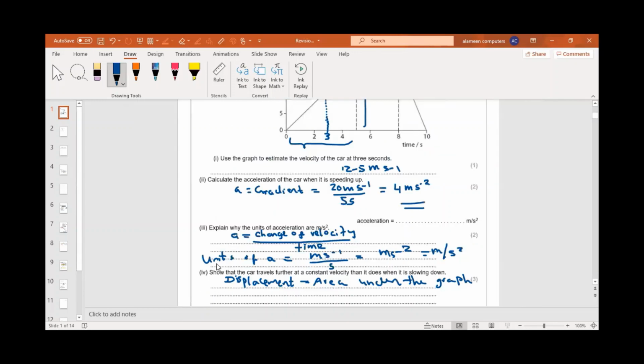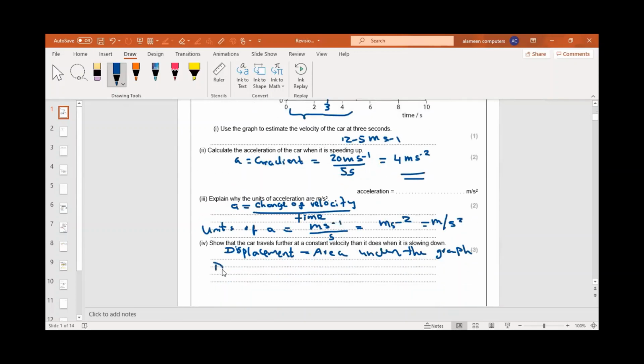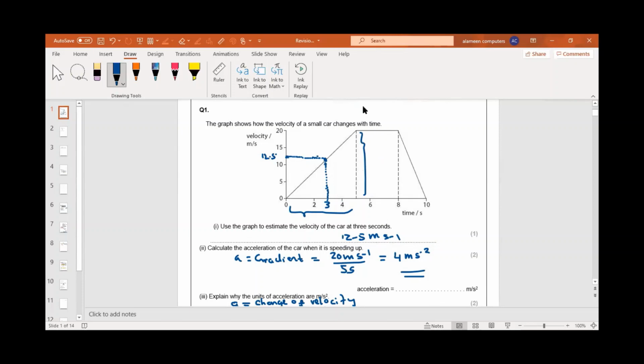Right. So we can find displacement during constant velocity. So displacement during constant velocity is equal to the area under the graph of this rectangle. Right.